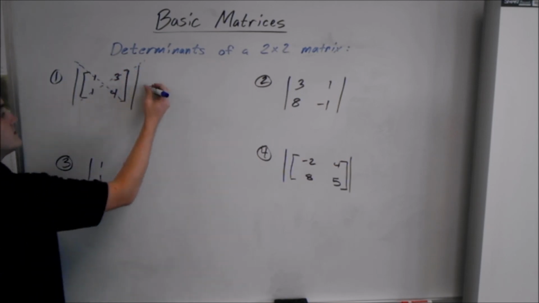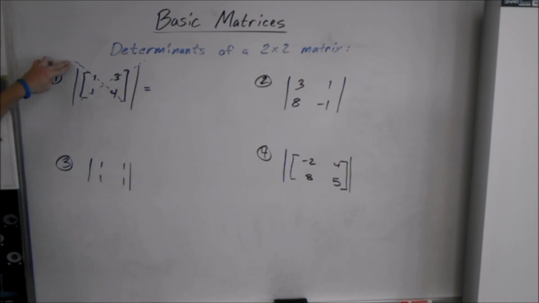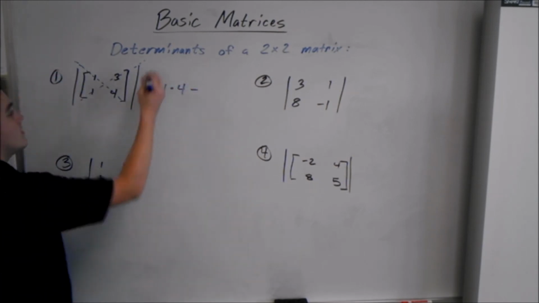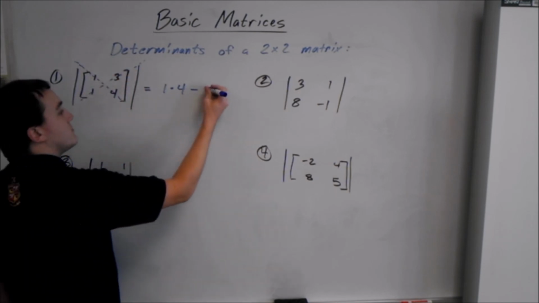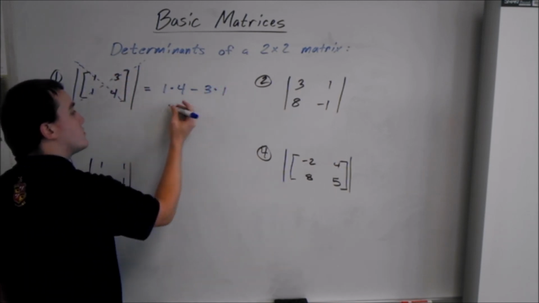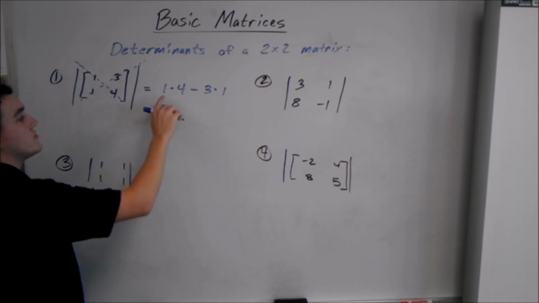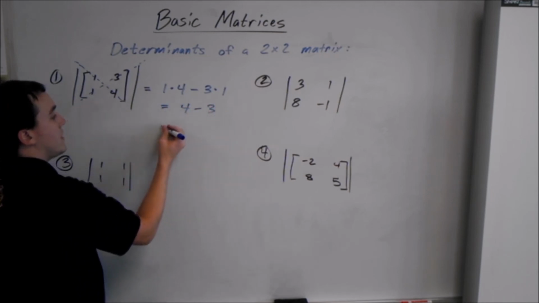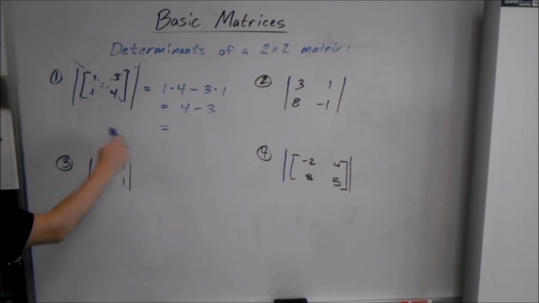So for this case, we'd have 1 times 4 minus 3 times 1. And then you use order of operations from there. Equals 4 minus 3. And the determinant of this would be 1.